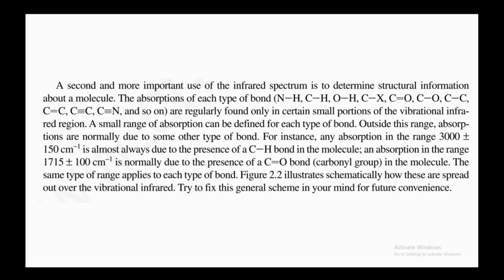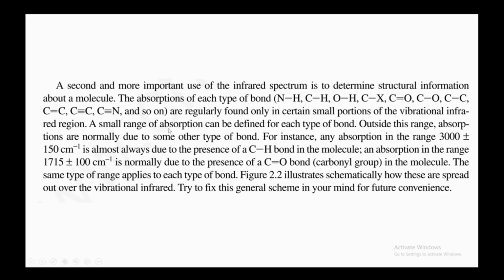So different bonds can be present in a single molecule, and each bond can be identified using IR spectroscopy, because every single bond is going to have a different IR radiation spectrum. Like NH and CH appear in different regions, carbonyls appear in a different region, carbon triple bond carbon appears at a different region, and carbon double bond carbon appears at a different region.